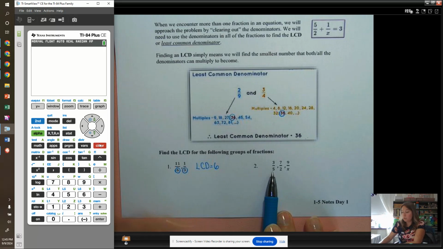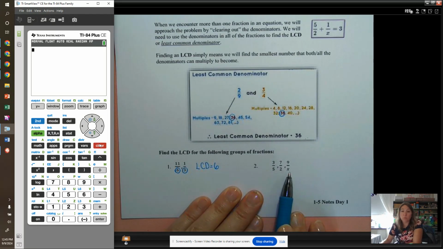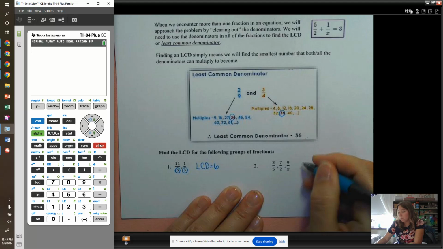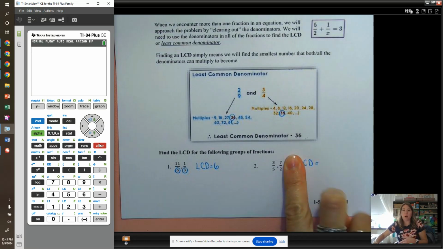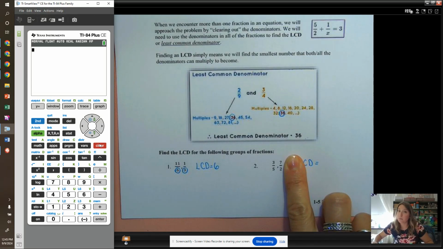Now, let's say there are 3 denominators, and one of them has a variable in it. That variable is just multiplied by the LCD of the numbers. So think first about, what can both 5 and 2 multiply to become? And by the way, sometimes it's multiplying them together. So what is 5 times 2?